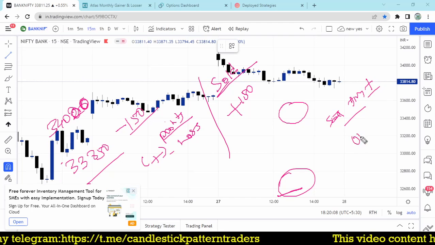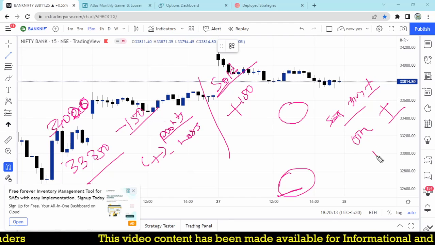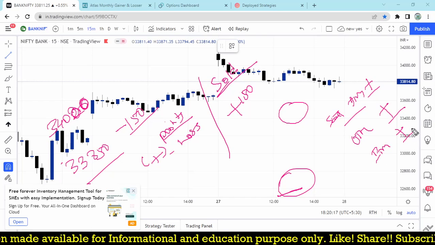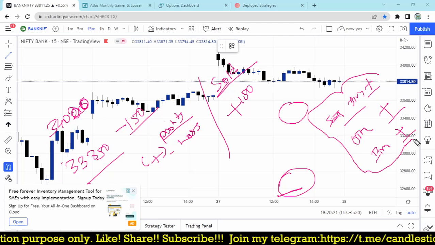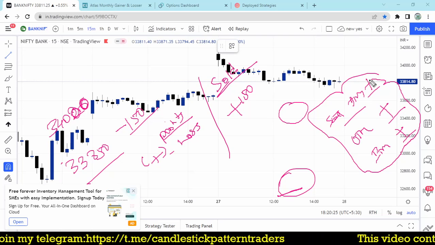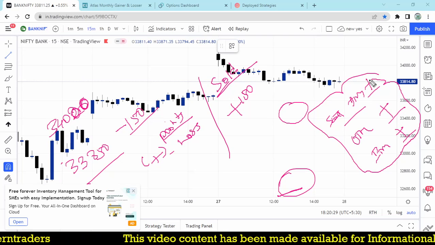If I sell an OTM option, that also loses premium. If I sell an ITM option, that also loses its premium. You have to understand, this is the main key point. Options lose their premium, 100% sure, right? So I am going to explain that.